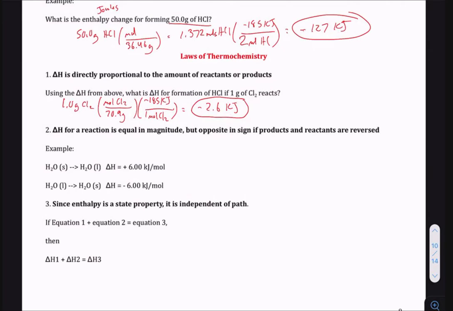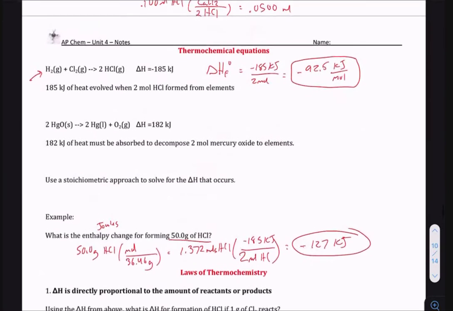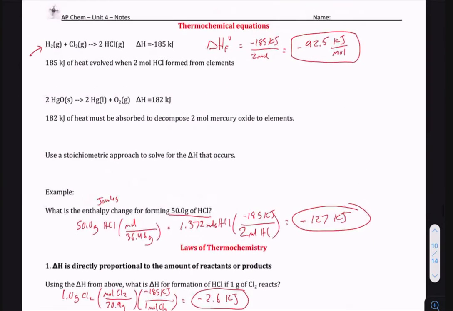All right. Law number 2. The delta H for a reaction is equal in magnitude but opposite in sign if the products and reactants are reversed. Meaning, if you have any reaction that has a delta H value, like a thermochemical equation like this, right? This is a thermochemical equation because the delta H is provided.